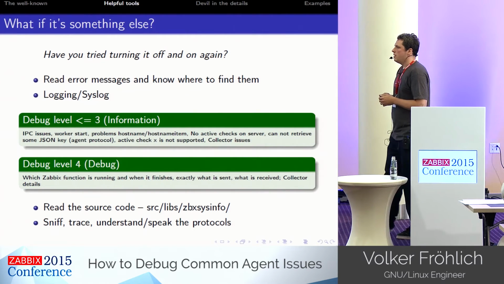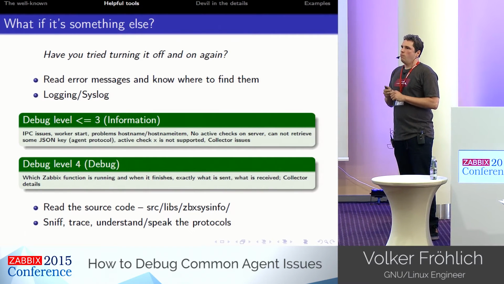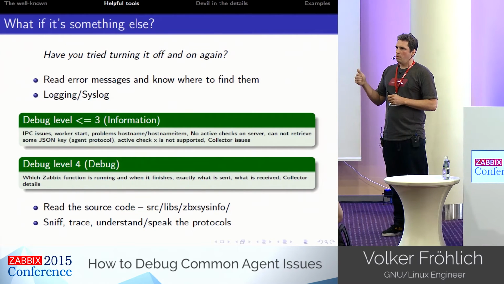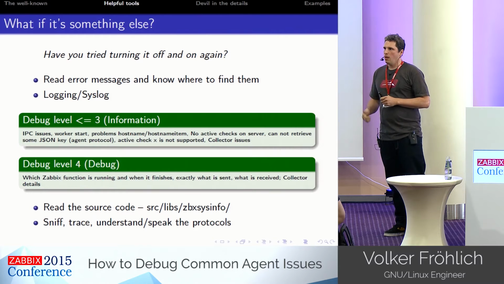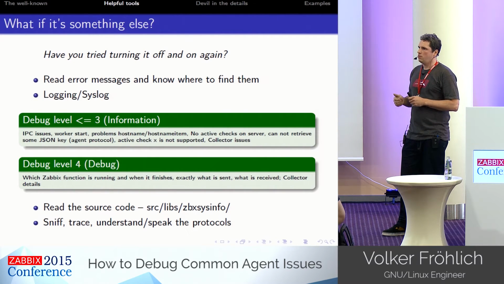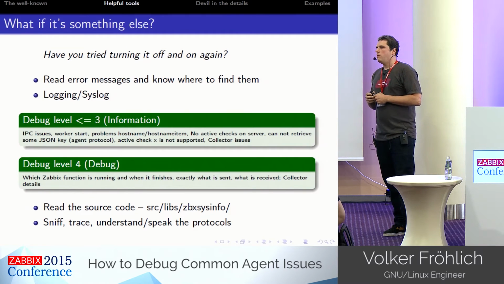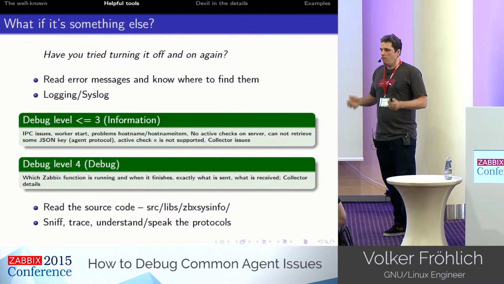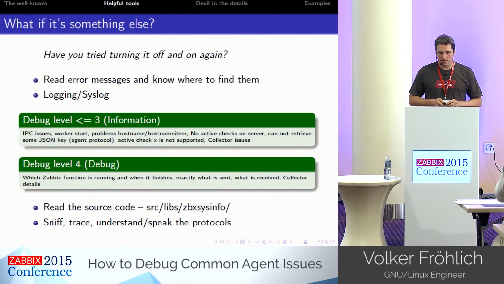Basically, if you crank up the debug level to 4, the greatest benefit you get is you get to know which C code functions are run, and how long they took to execute. That gives you a good idea where something might go wrong. And maybe even more important, you get to see what is actually sent and what is actually received. This is very, very basic, very close to what you can get at all.